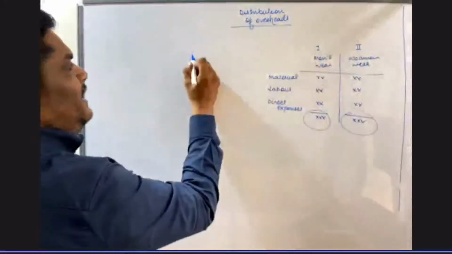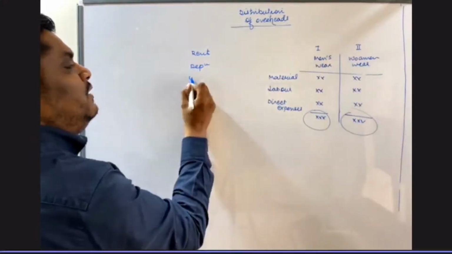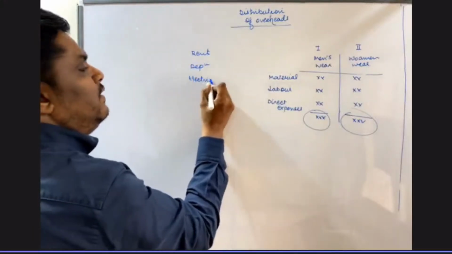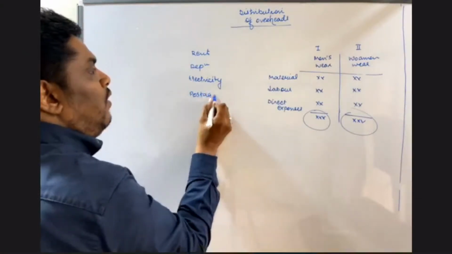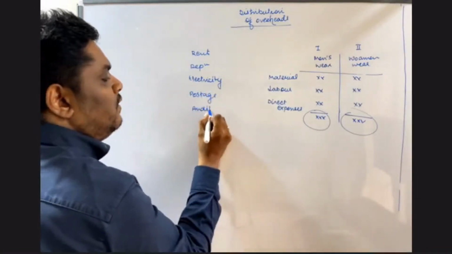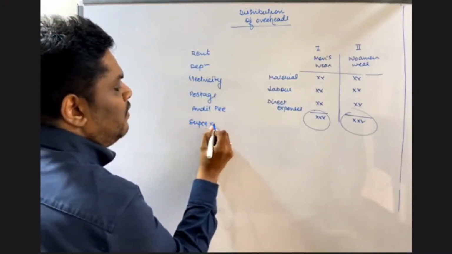Let's say there are n number of expenditures, let's say rent, depreciation, electricity, postage, audit fees, supervisor salary.